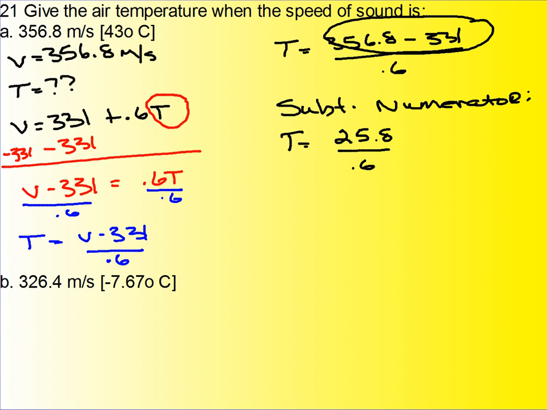Your next step is to divide. 25.8 divided by 0.6 is 43. And don't forget your units.